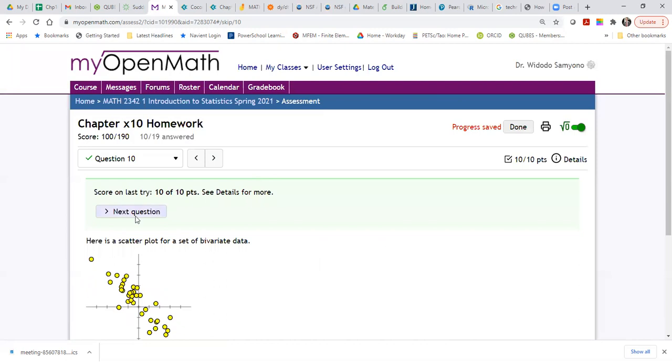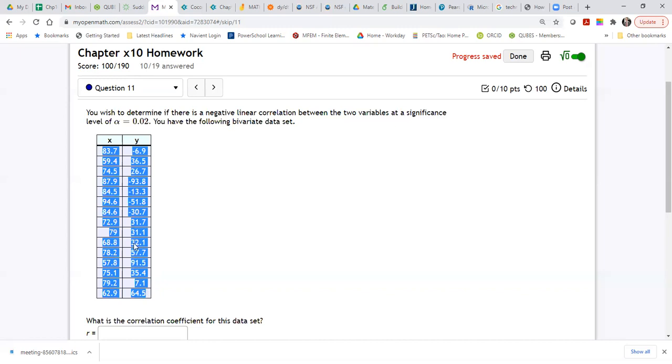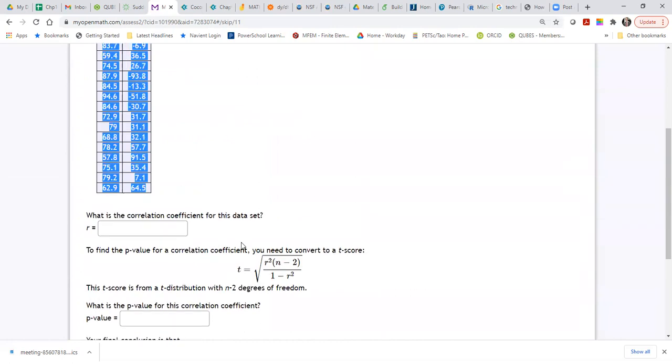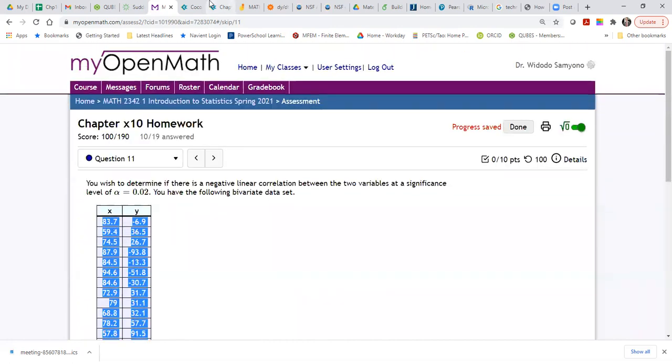Okay, so the next one, yeah, the same thing. You need to copy this and then put it in the Excel for number 11, okay?